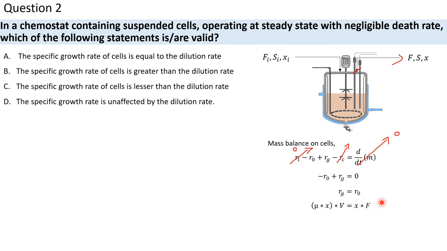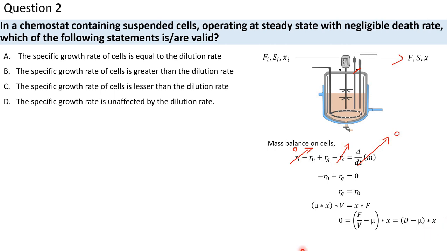Sorry, not feed rate, the flow rate. By rearranging the equation, we get F by V minus mu into X is equal to 0, and we already know that F by V is the dilution rate, which means D minus mu into X is equal to 0, right?